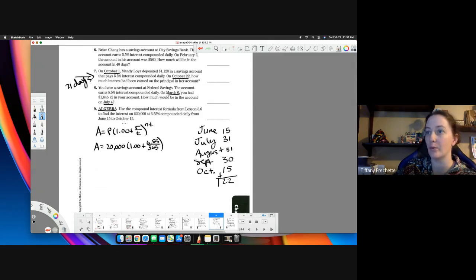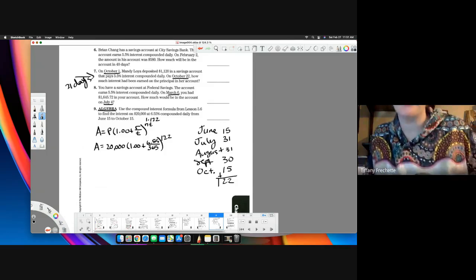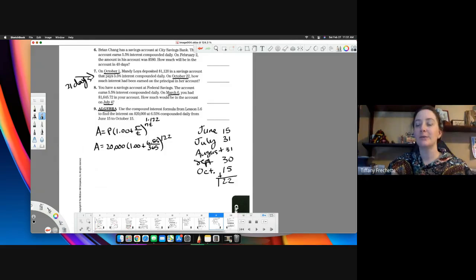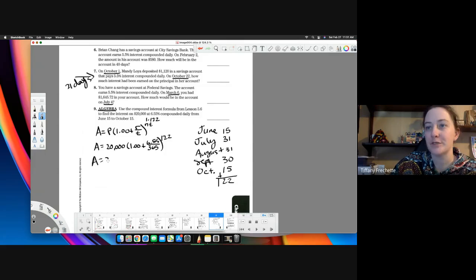So it's the number of times compounded, which would be 1, times the time, which is 122. So that was my mistake. Sorry for the little pause there. I kept trying to divide by 122 and I wasn't quite getting the right number, because we need to divide by the number of times it's compounded for the whole year, which is 365. All right, so now we're back on track here.